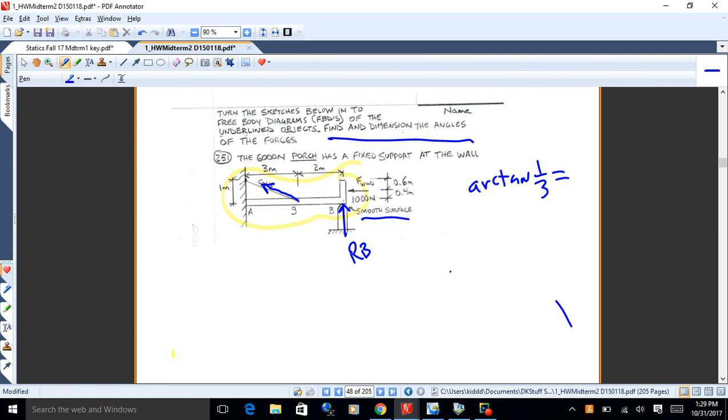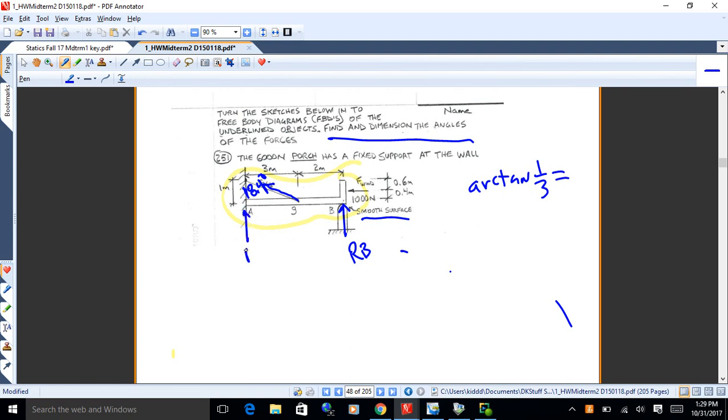So I don't know, it's 20-some degrees, I think. 18 degrees. Whatever that comes out to be. 18.4 degrees. Okay. All right, and then we've got a cantilever fixed support.